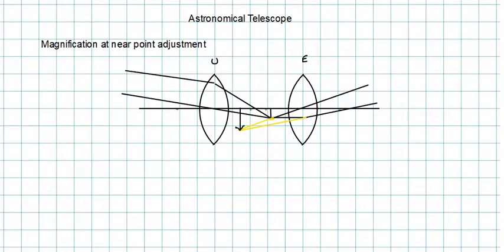So this is the intermediate image. These are the rays.